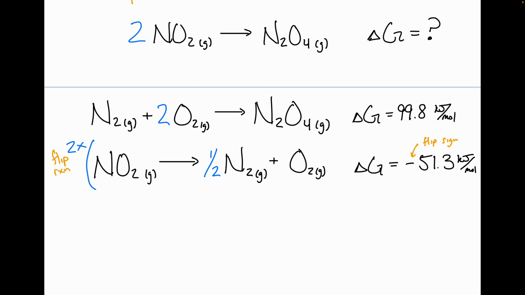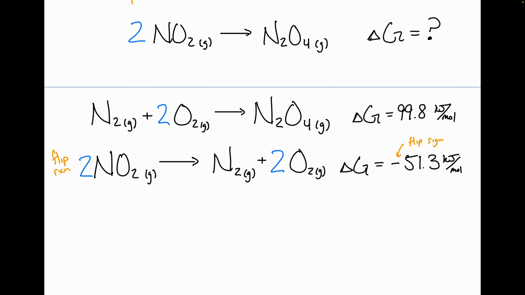Now if I multiply all my coefficients by 2, I have 2 nitrogen dioxides. 1/2 times 2 leaves me with just 1 nitrogen gas, and then 2 oxygens. And just like I multiplied that chemical equation by 2, I'm going to do the same thing to my thermodynamic variable, my delta G. So I'm going to flip the sign and multiply by 2.